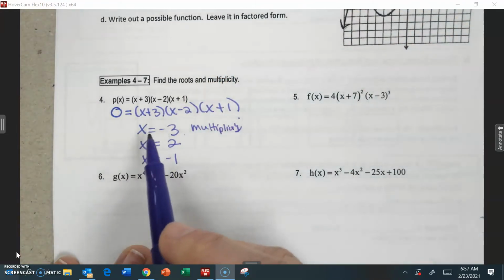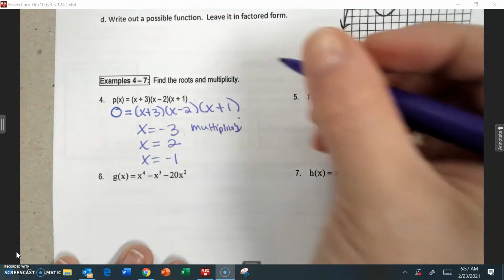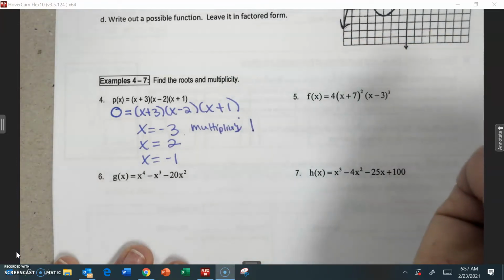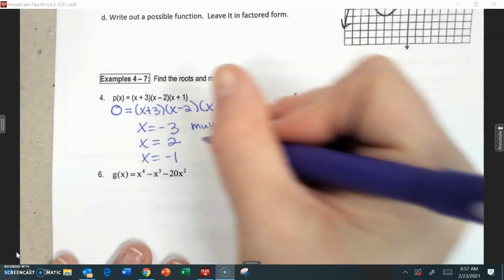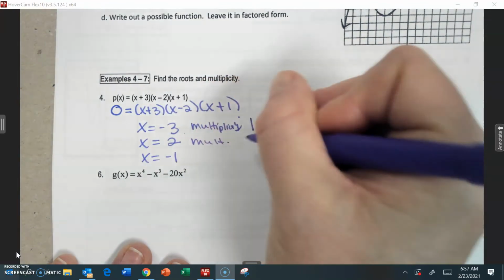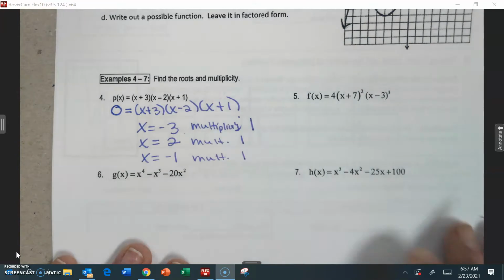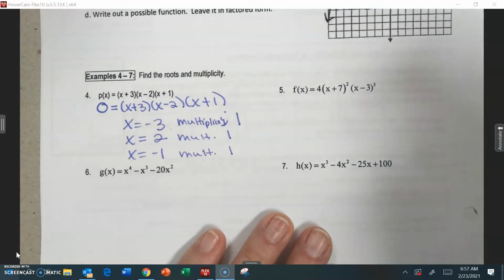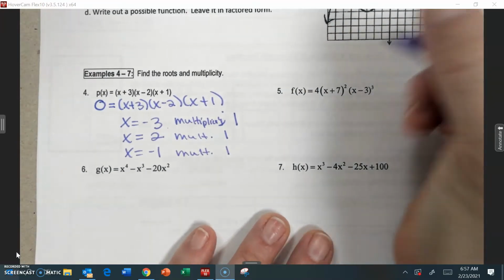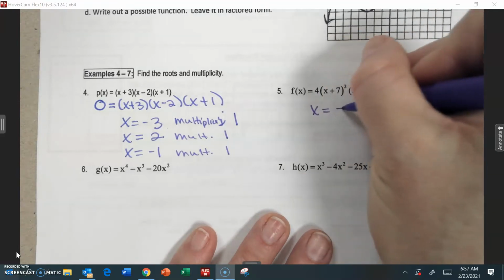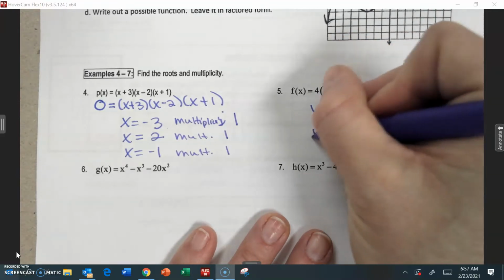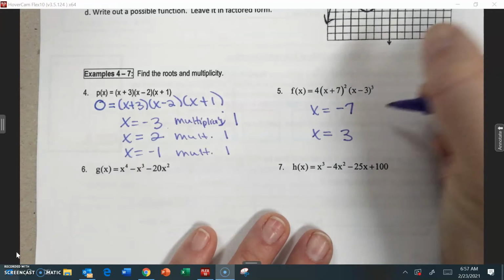Now, when you state the multiplicity of each one, you just need to look at your degree. So this has 1 factor, that is x plus 3. This has 1, and this has 1. So if we go on and we use that zero product property, I would have x equals -7 and x equals 3.